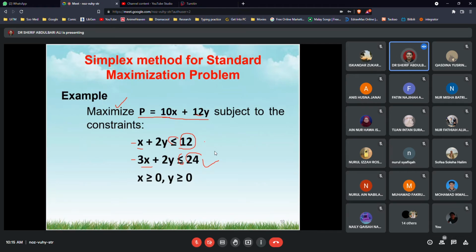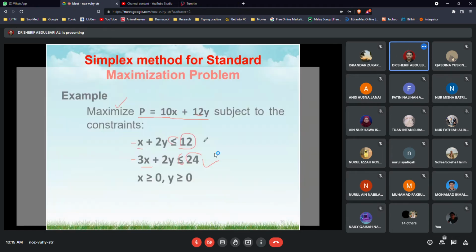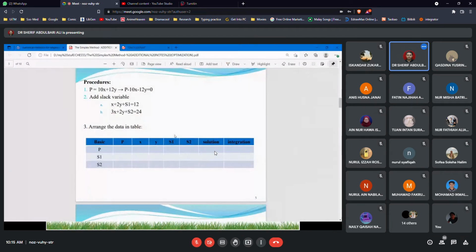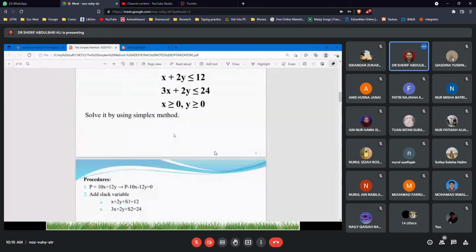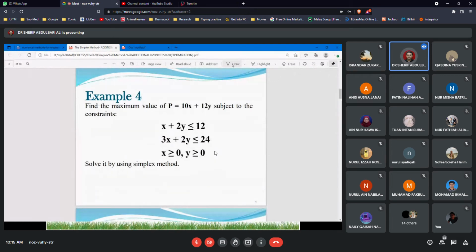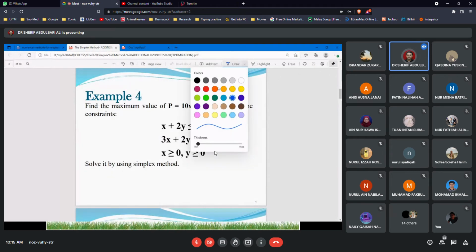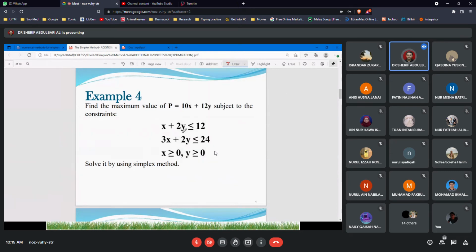So now, how to solve. The first thing we need to do to solve this maximization problem is convert the constraints into the form of equality. This means we need to get rid of the less than or equal sign and make it an equality. To do this, we need to introduce something we call a slack variable.